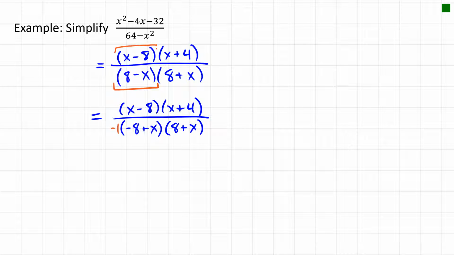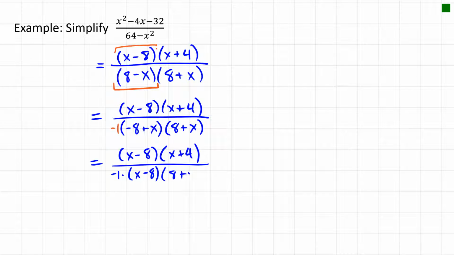Well, now what we see is actually we do have some cancellation going on, because we actually do have a factor of x minus 8 on both the top and the bottom. So I can go ahead and cancel those two terms.